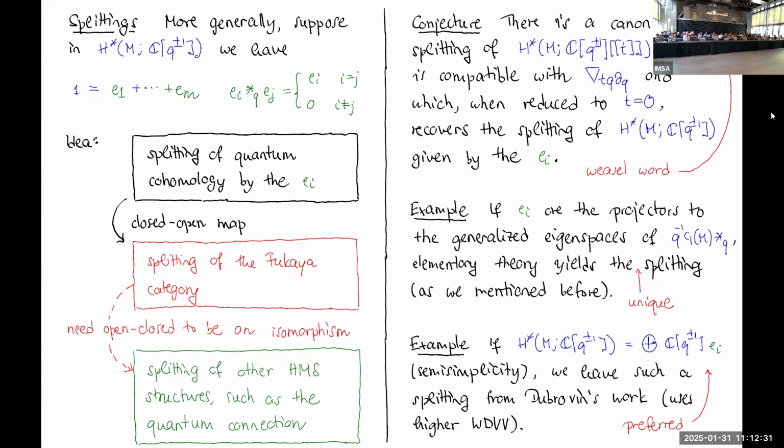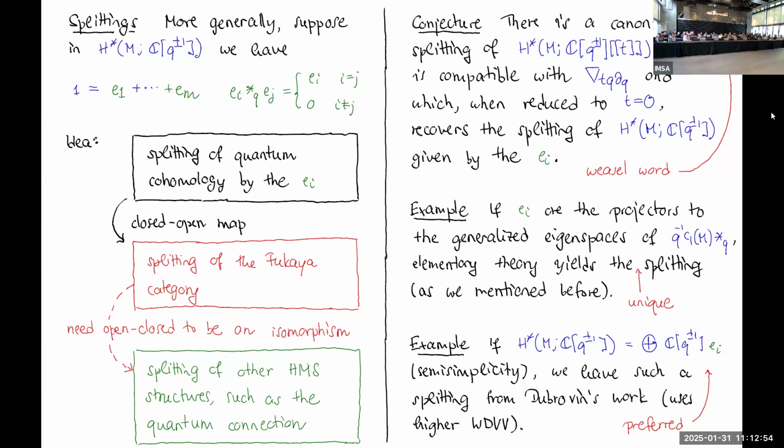Now, the idea is this: there's a natural map from the quantum cohomology to the Hochschild cohomology of the Fukaya category, being somewhat ambiguous about what I mean by Fukaya category. So if you get idempotents in quantum cohomology, you get idempotents in Hochschild cohomology, and then you split this category into a direct sum of mutually orthogonal categories.